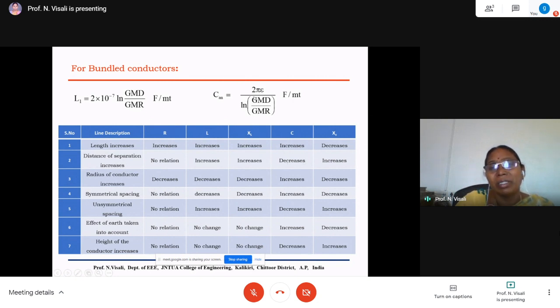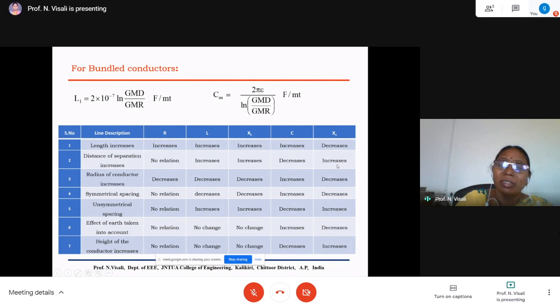The capacitance has it in the denominator, so as the GMD increases, the capacitance decreases because it's an inverse relationship. When the capacitance decreases, capacitive reactance increases because of 1 over ωC.